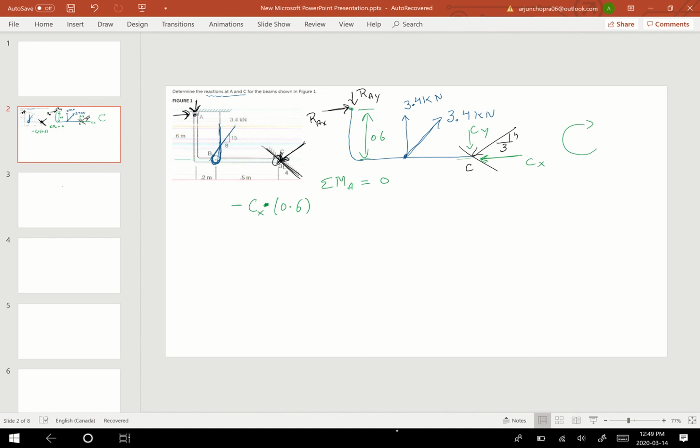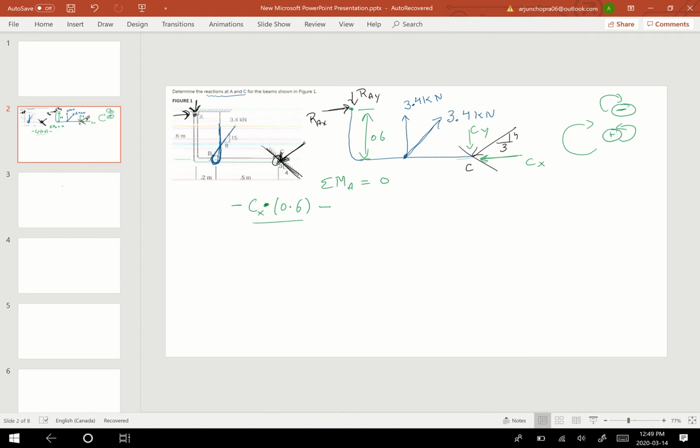So this will be negative, because we've assumed that any force which is trying to rotate the body in the clockwise direction will be considered negative, and counterclockwise will be considered positive.